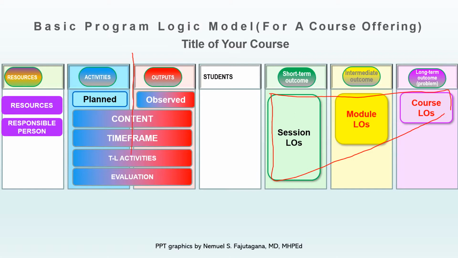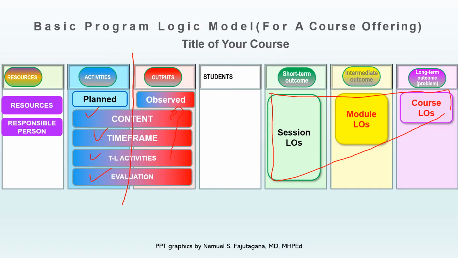Now, in relation to your content, time frame, teaching learning activities, and evaluation, you notice that they cut across activities and output, because in the planned column, basically what you have are the planned content, planned time frame, planned teaching learning activities, and planned evaluation program.